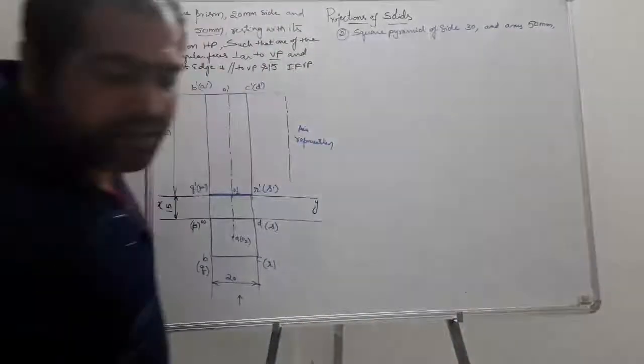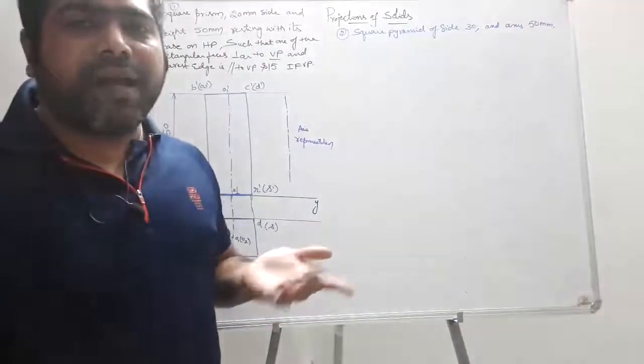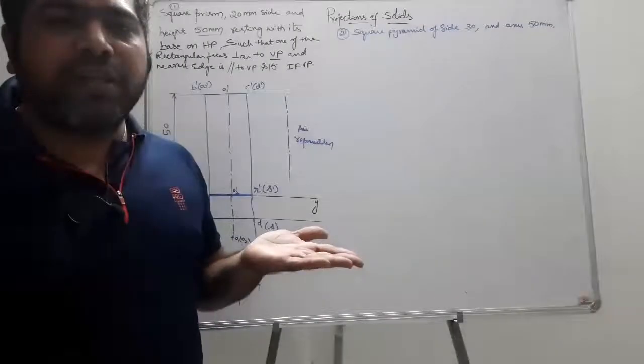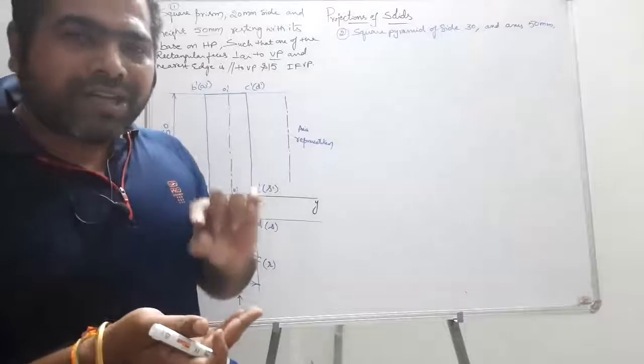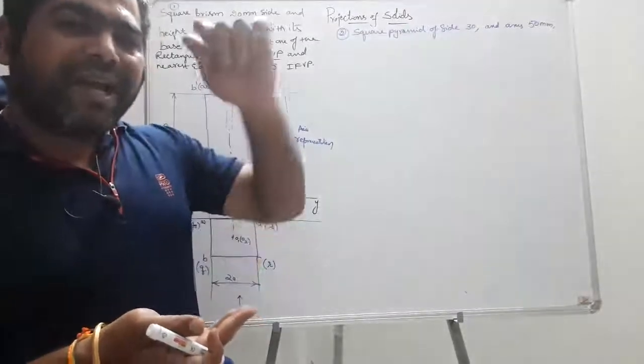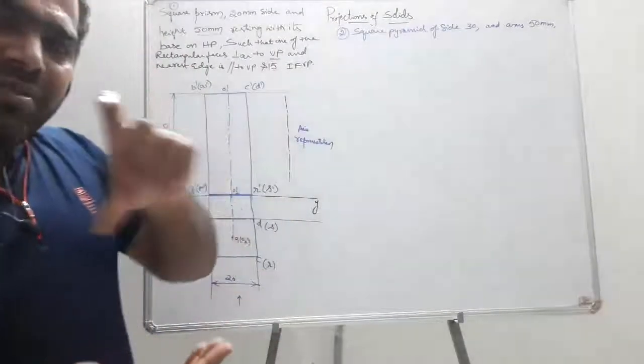Axis or height both mean the same. Why are axis and height the same? The axis is nothing but the line joining the bottom base and top base for a prism, or joining the center of the bottom base and the apex for a pyramid. So that means it is the height of the solid.